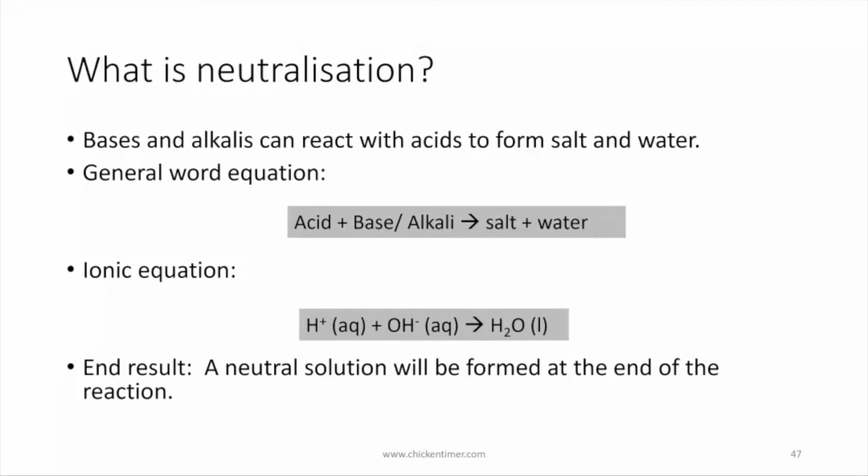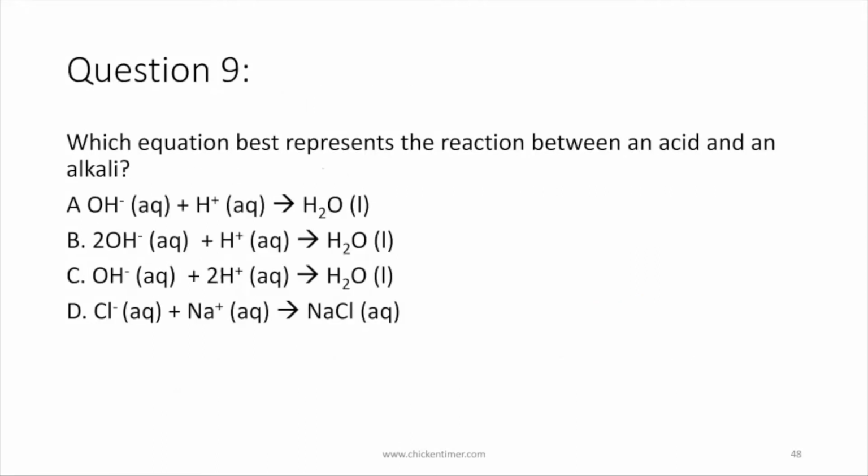This is the ionic equation for neutralization. They will always ask for the ionic equation for neutralization. It is always this answer. At the end of the reaction, you will form a solution which is neutral. That's why it's called neutralization. The ionic equation for neutralization is always that equation, so the answer is always the same. So the answer is this one.